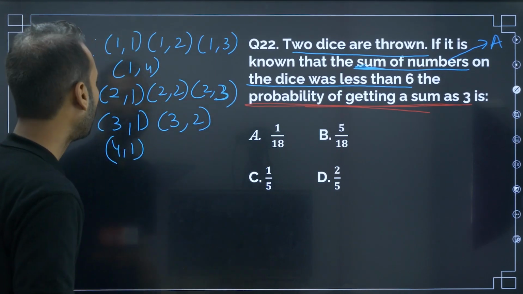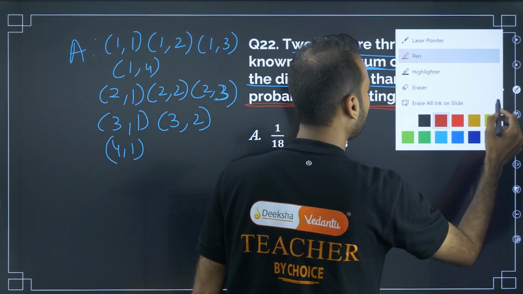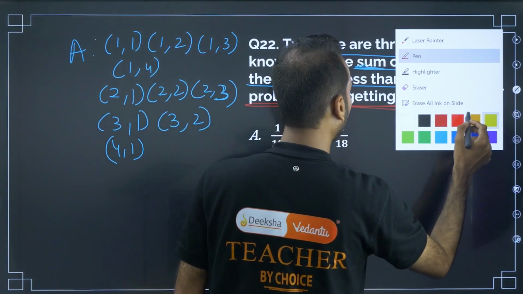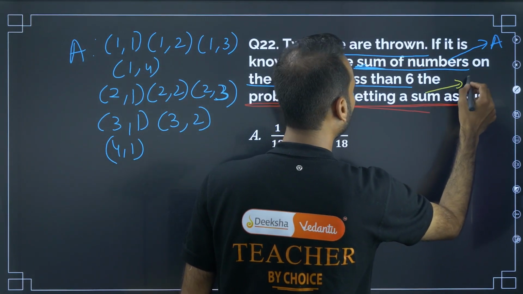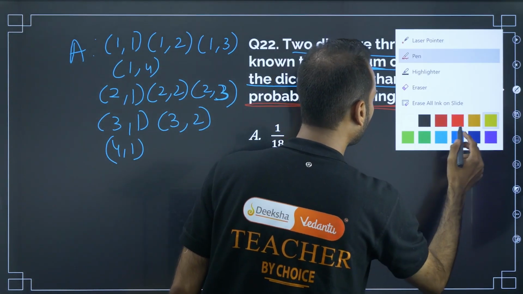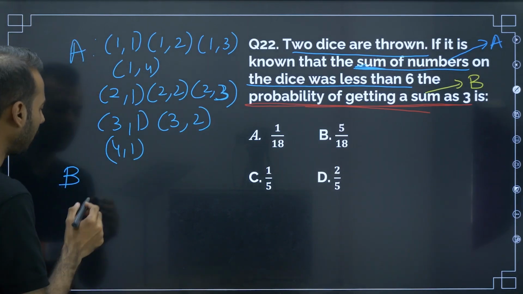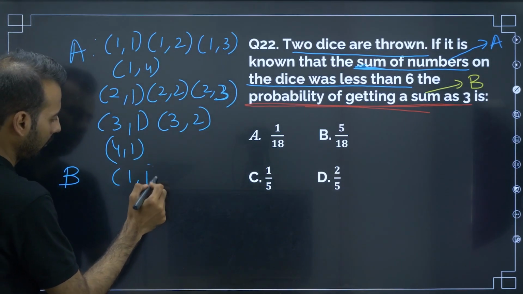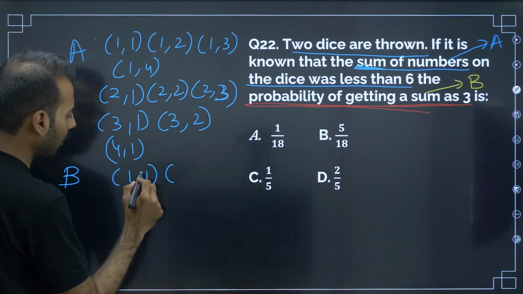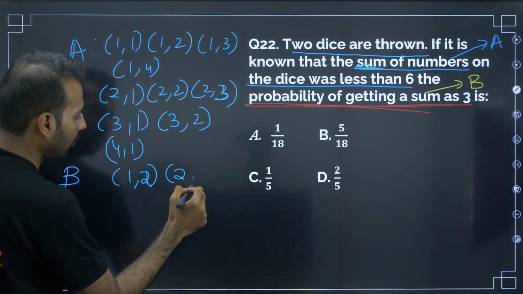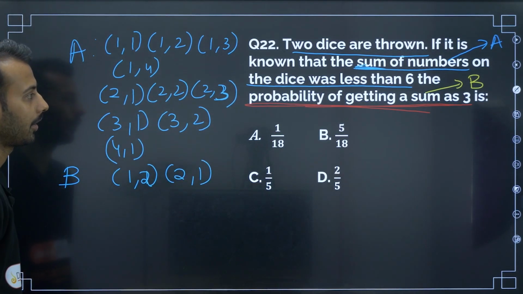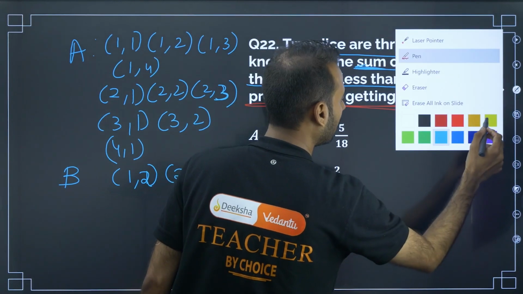If I name this as B event, then what is that B? Probability of getting a sum as 3 means (1,2), (2,1), only this many possibilities are there.